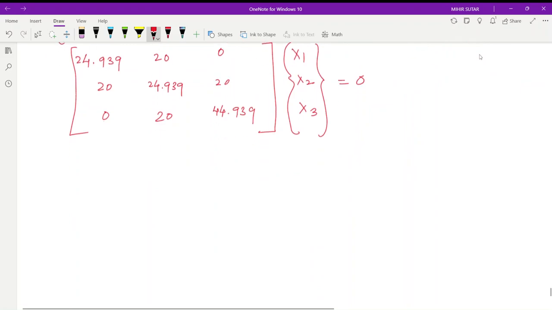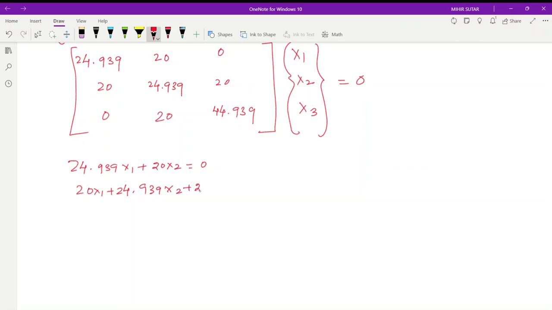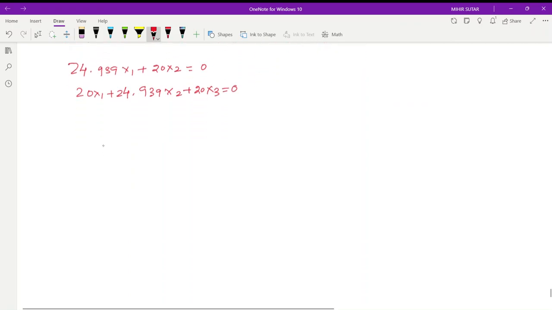Now 24.939 x1 plus 20 x2 is equal to 0. 20 x1 plus 24.939 x2 plus 20 x3 is equal to 0, and the third equation will be 20 x2 plus 44.939 x3 is equal to 0.